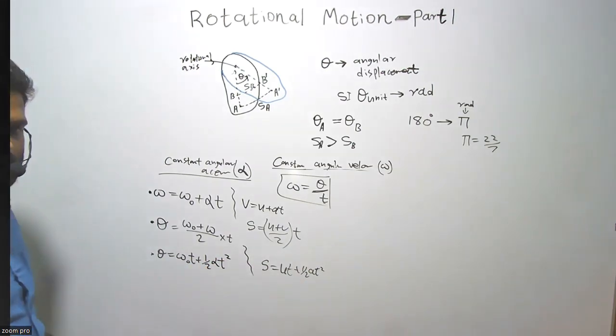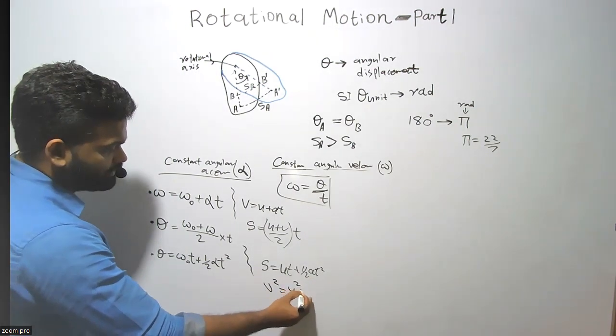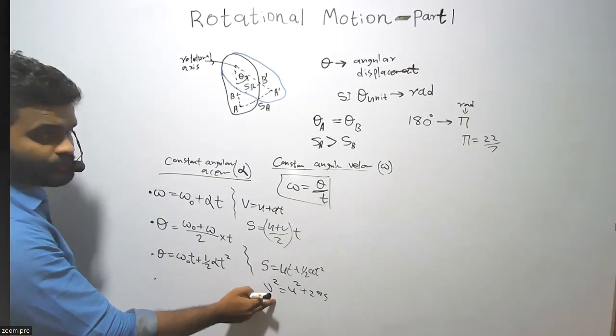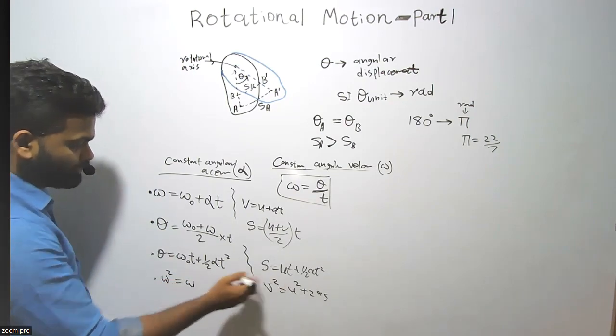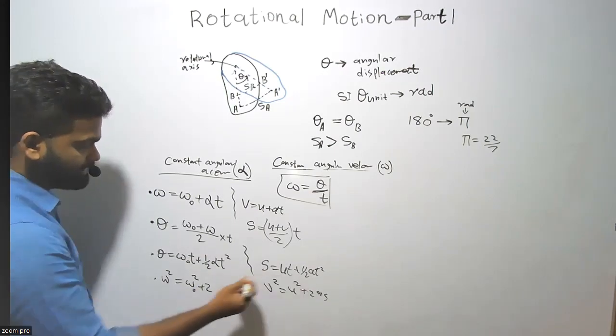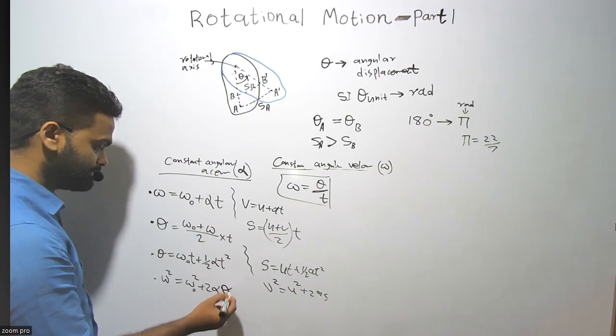Then we have one more equation, v squared equals u squared plus 2as. So v squared is omega squared, u squared is omega naught squared, plus 2 alpha theta.